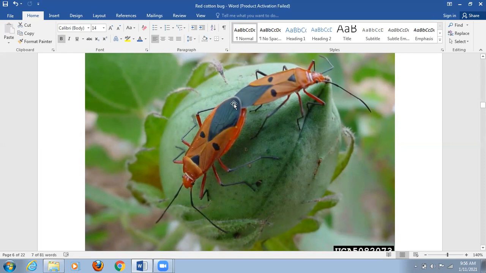This one is the membranous forewing of the insect, and these are the two animals here in a reproduction phase. So this one is the female. We can identify the male and female by observing the size. Female is larger and male is quite smaller.